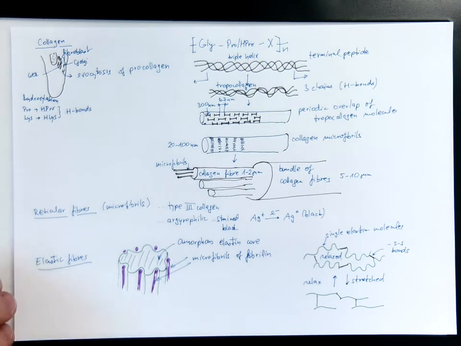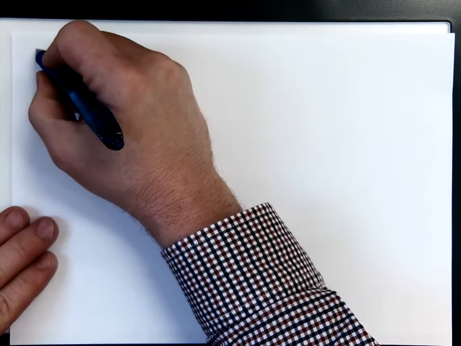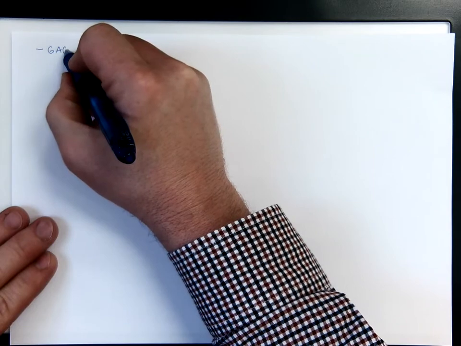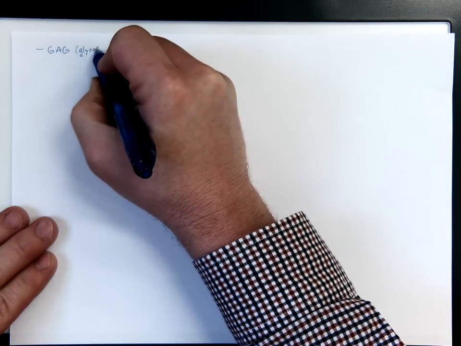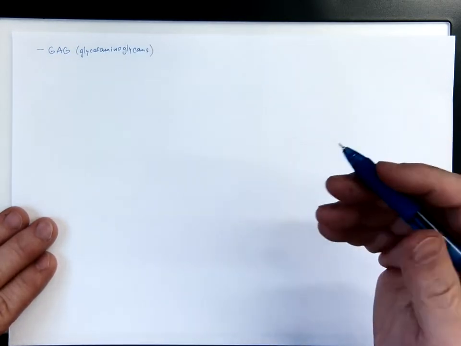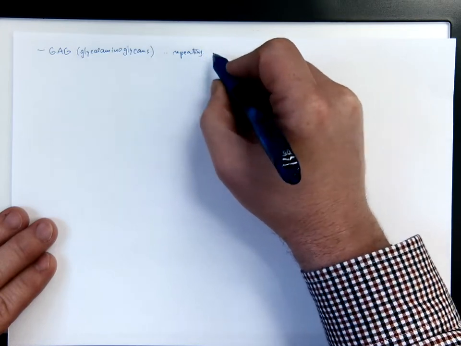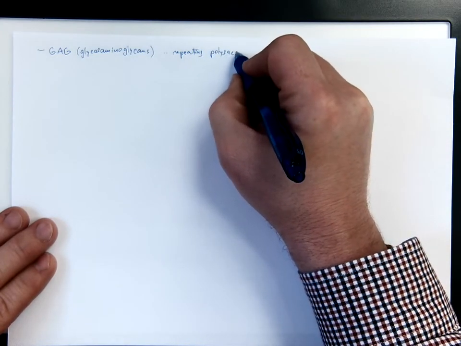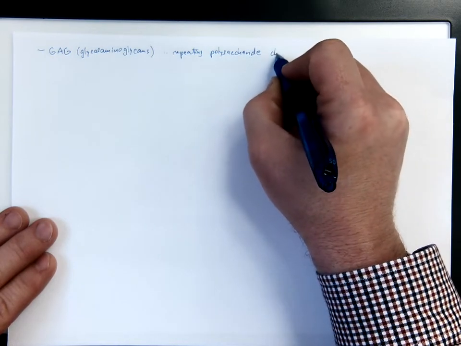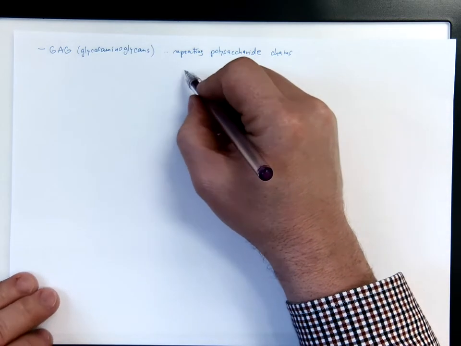Next to fibers, we should mention also the ground substance of connective tissues, which is made of glycosaminoglycans, which are basically made of repeating polysaccharide chains with various, often modified, saccharide molecules.